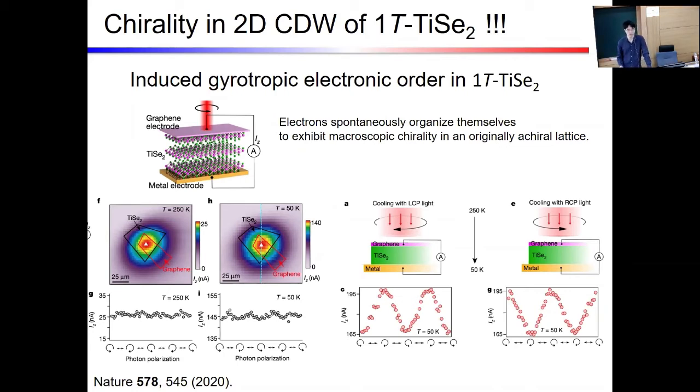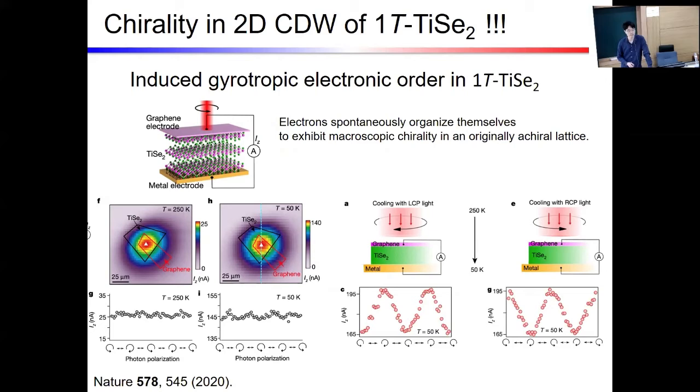So they claimed the gyrotropic effect and the CDW can coexist at the same time. So maybe the CDW itself is not chiral, but its electron structure becomes chiral under irradiation of circular polarized light, but it still needs more investigation to answer this question.